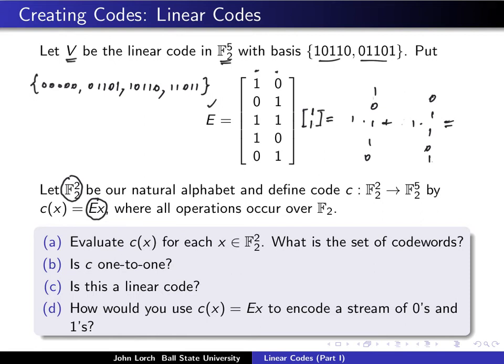All right, so we have evaluated C of x for every single x in F2^2. That is every single string of length 2. And what did we wind up with? Well, we wound up with exactly the elements of our set V.